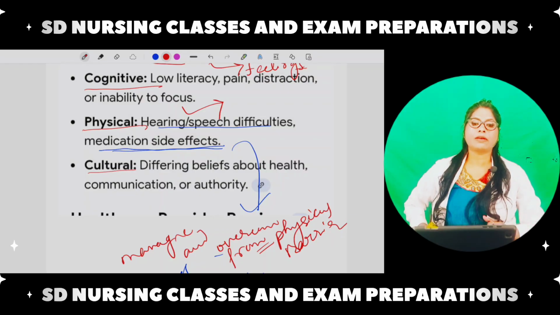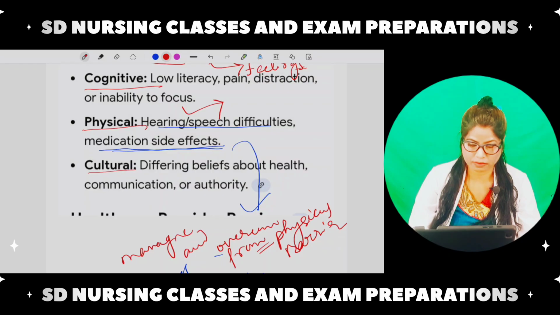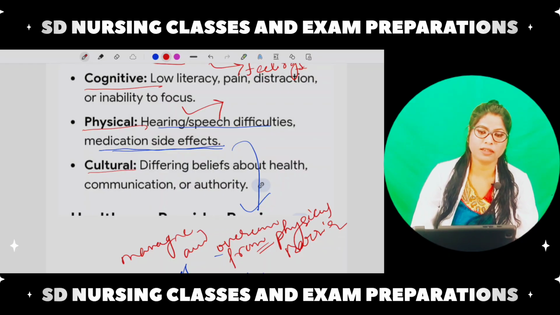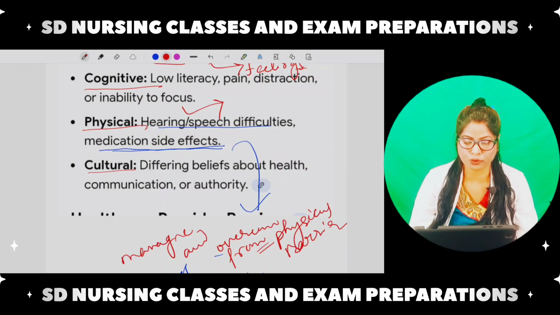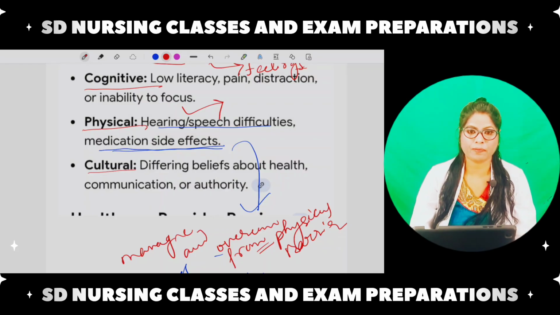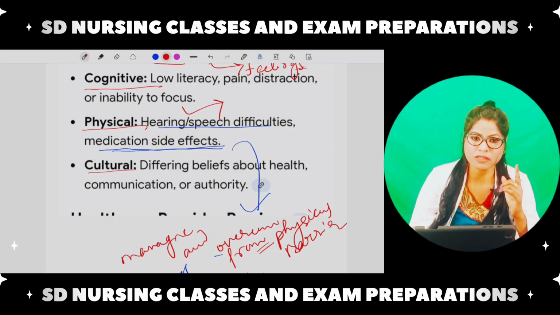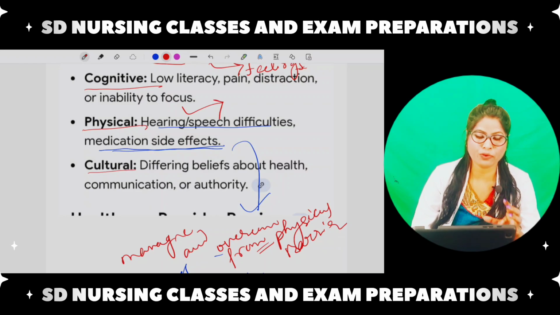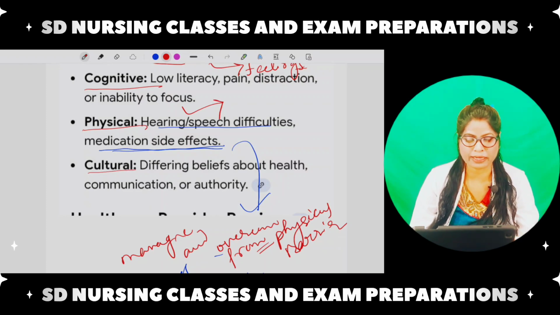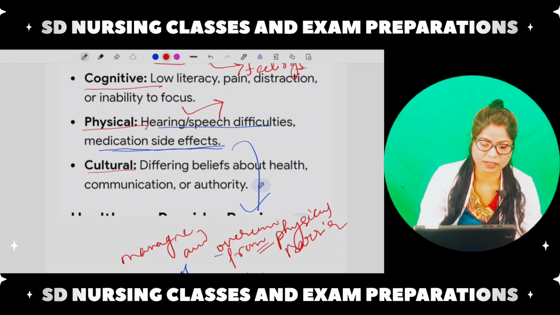So this is what physical barrier means. If the patient can't hear or has speech difficulties, the nurse can make him hear, or go near to the patient and talk to the patient. And if there is any medication side effect, then also the patient is not reacting to anything, so you have to first solve the problem, the medical side effect, then the barrier will be overcome. This is the physical barrier.